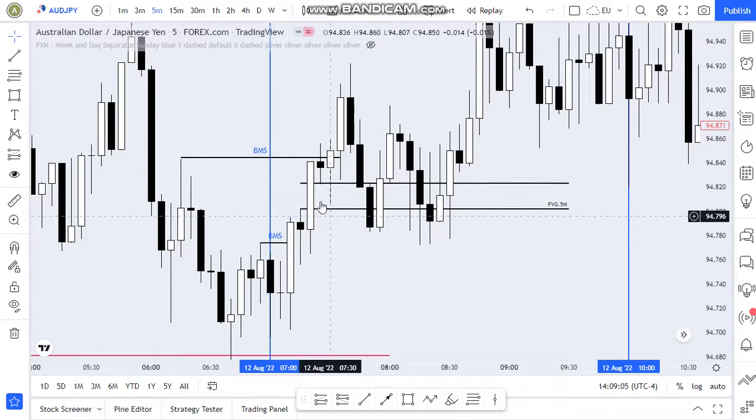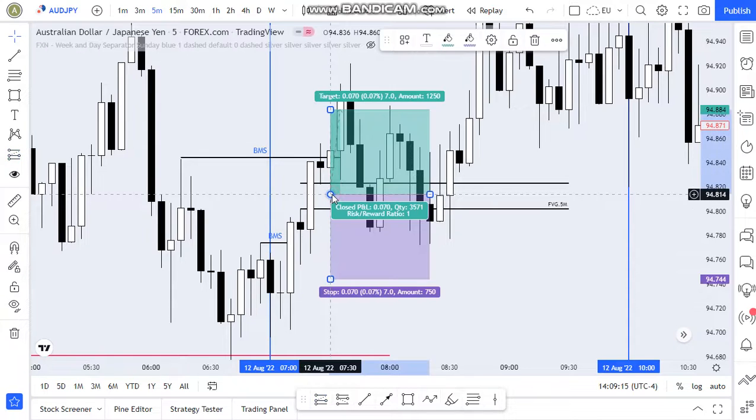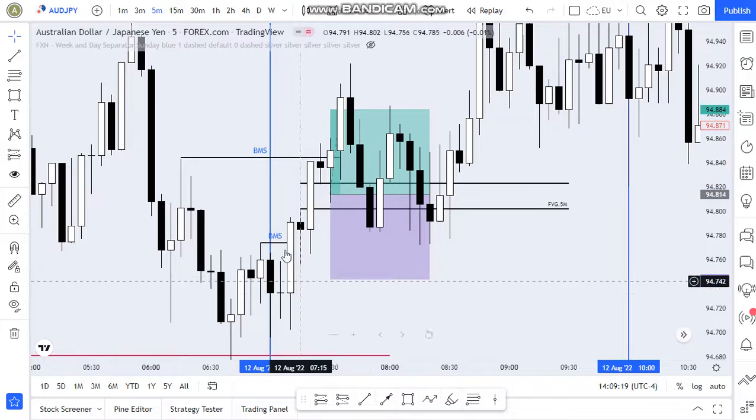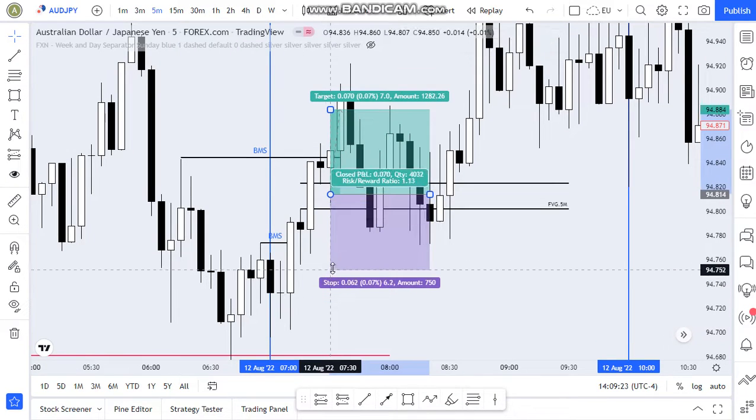As you mark your gap here, you place your long position at the 50% of the gap right here, and your stop loss is going to be below the candle that formed the gap, which is this candle. That's where your stop loss is going to be.